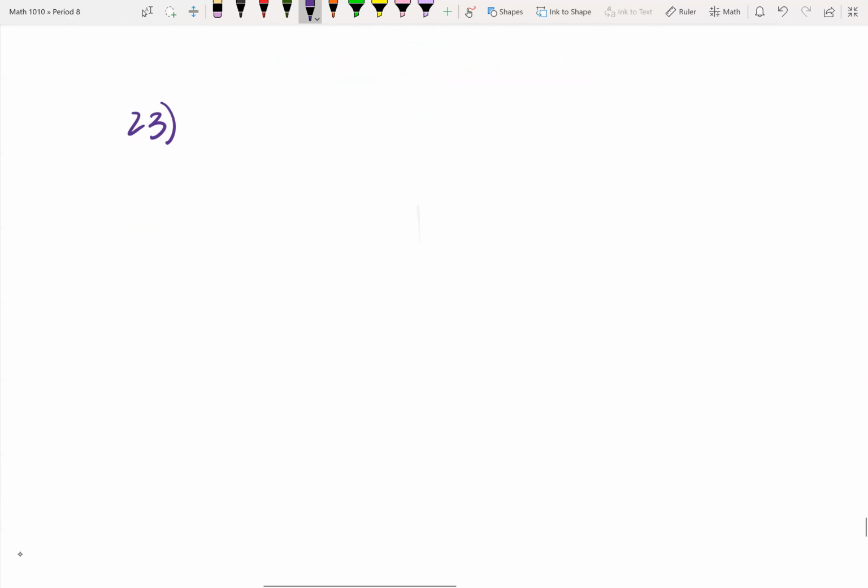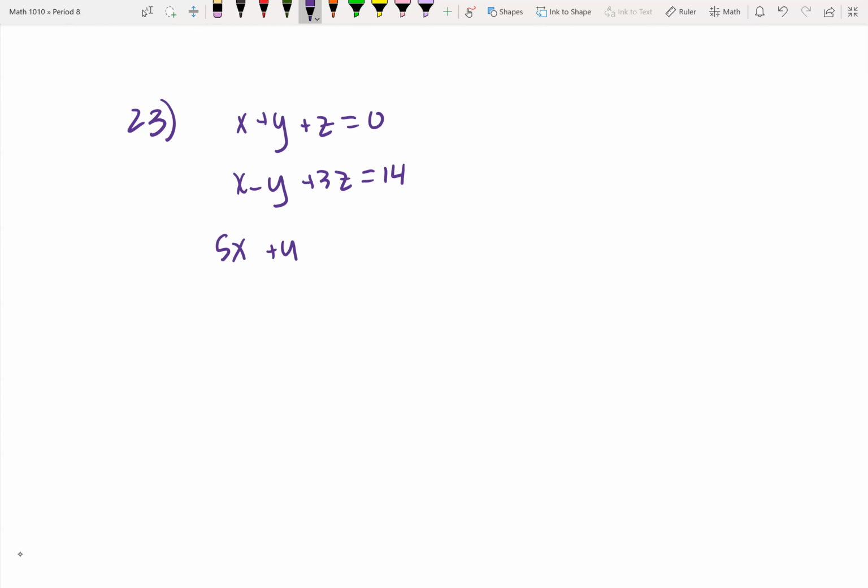Okay, so solve this. So you have x plus y plus z equals 0. x minus y plus 3z equals 14. And then 5x plus y plus z equals negative 4. Okay, so look at the x's: 1, 1, 5. The y's are 1, 1, 1. The z's are 1, 3, 1.